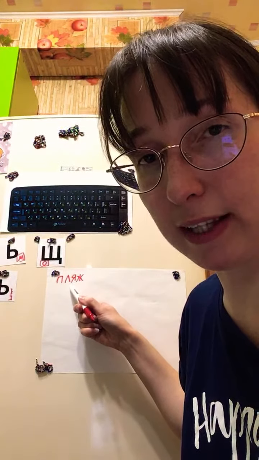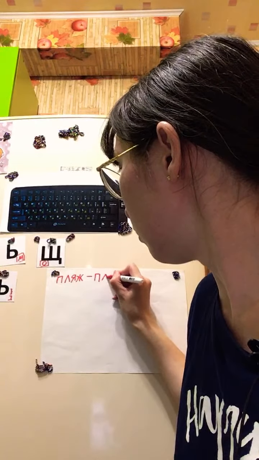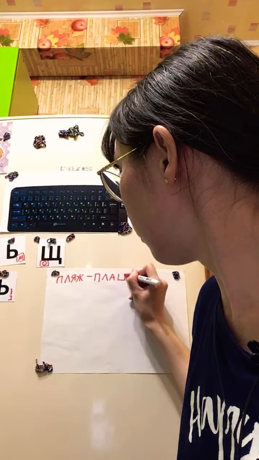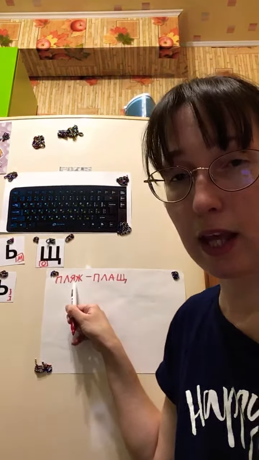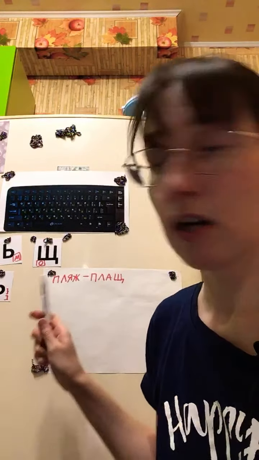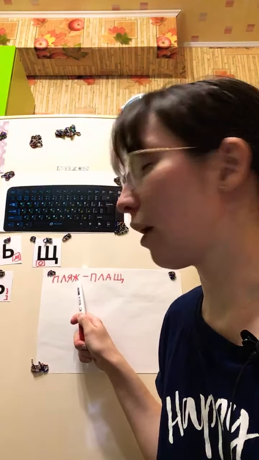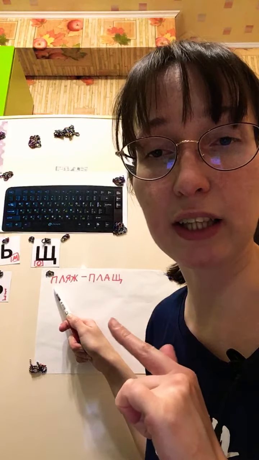We write it with the letter ya. Since the last letter is voiced, it becomes voiceless at the end. So we pronounce it like пляж.